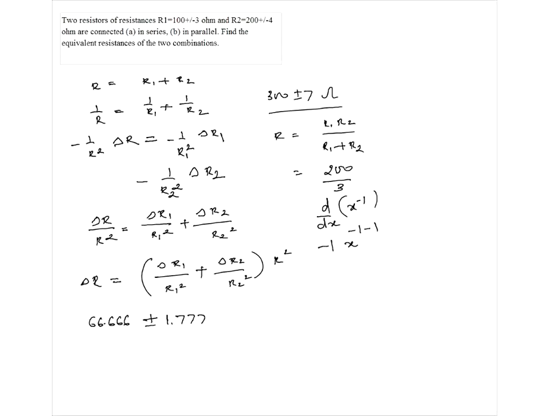That is minus 1 by x square. If you have any other doubt in that, then let me know. And meanwhile, I have verified this thing. It is indeed 1.7777, so I think 16 by 9 is correct.